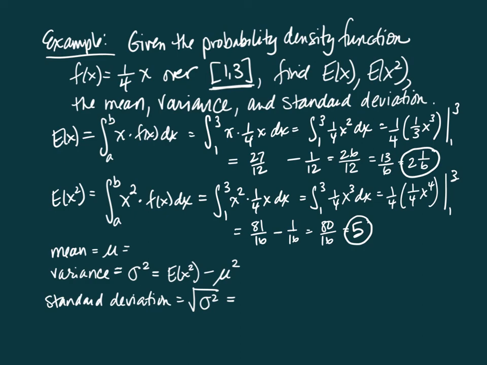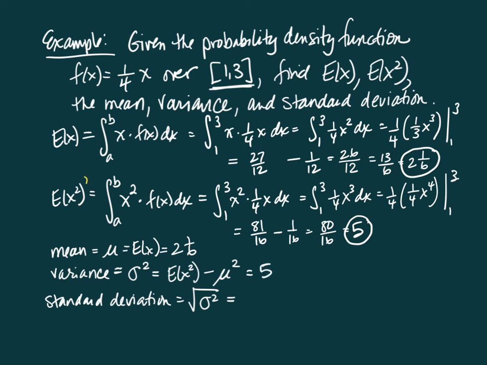Now remember, the mean is the same as what? E of x. So that's our 2 1/6, or 13/6. The variance is, remember, E of x squared minus the mean squared. So this is going to be E of x squared, which is 5, right?